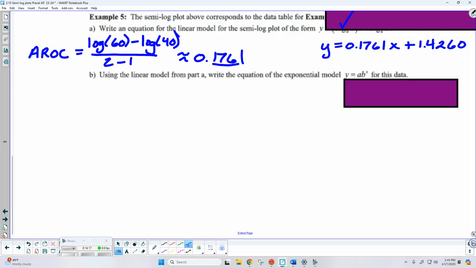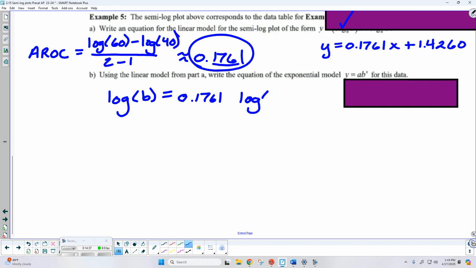Now, because we know we're working with base 10, I'm just going to go ahead and say log of b, and let's actually put the slope that we found. Remember, because this represented the slope, so I'm going to say 0.1761. And then the y-intercept was represented by log base n of a, excuse me. So I'm going to go ahead and say log of a, and let's plug in the y-intercept that we got. It was 1.4260.